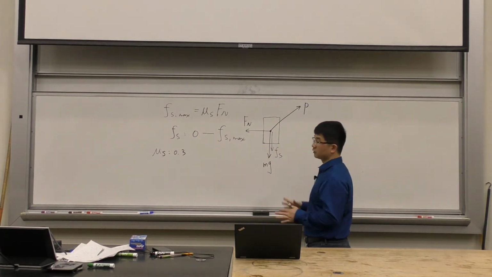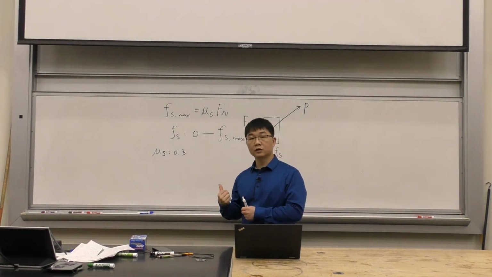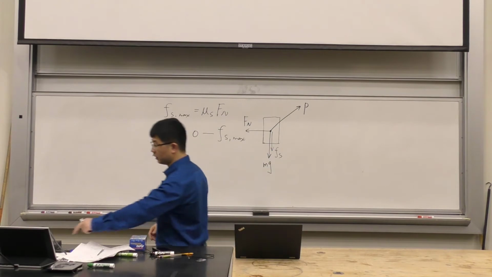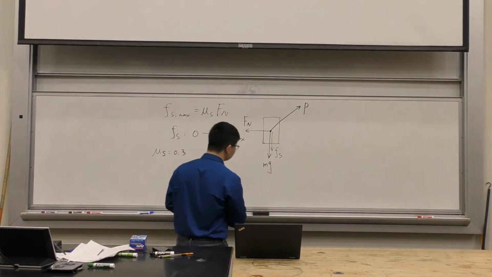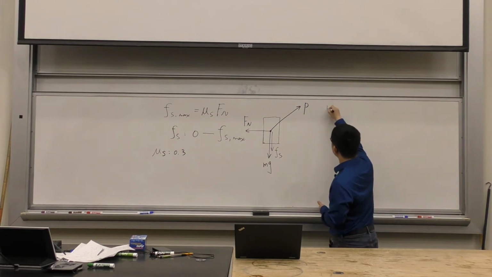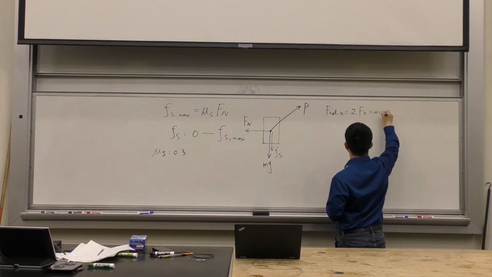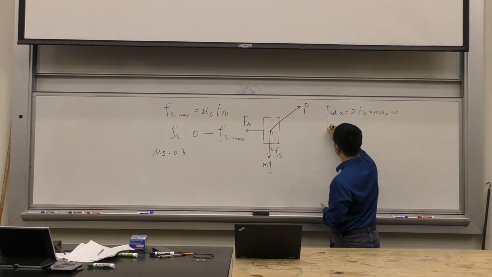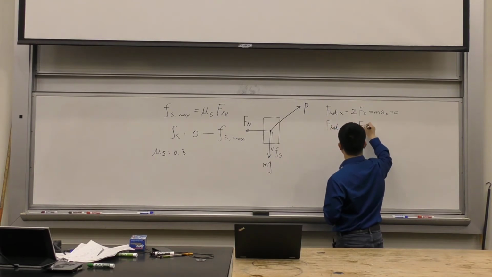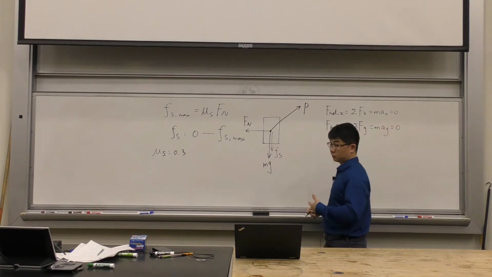And then if I want this block to stay stationary on the wall, I would want all these forces to cancel out. That means I can still set up Newton's second law as we did before, and the acceleration is 0, so the net force in the x direction equals 0, and then the net force in the y direction equals mass times the acceleration, and in this case it's still 0.